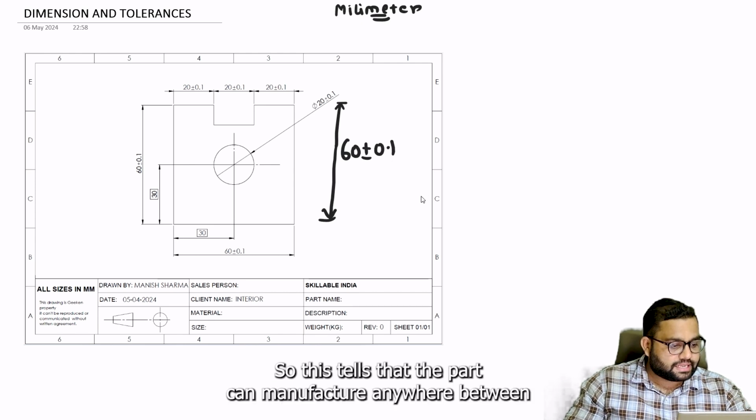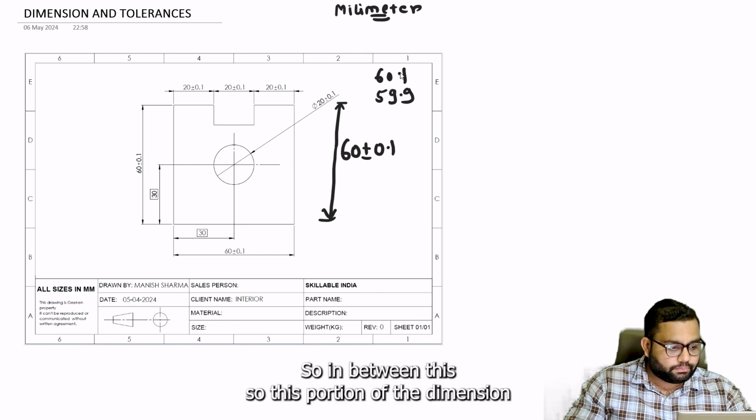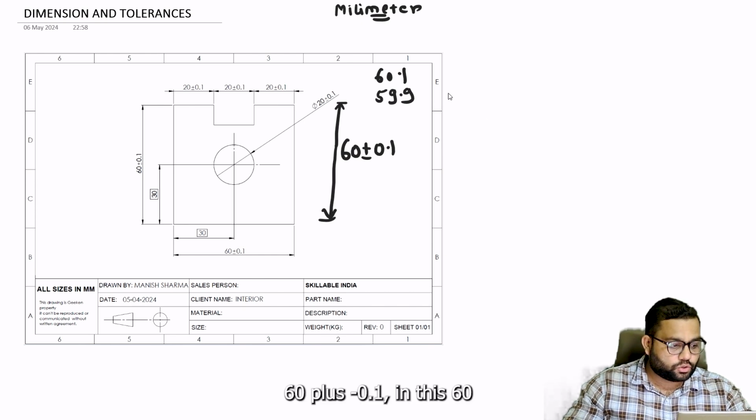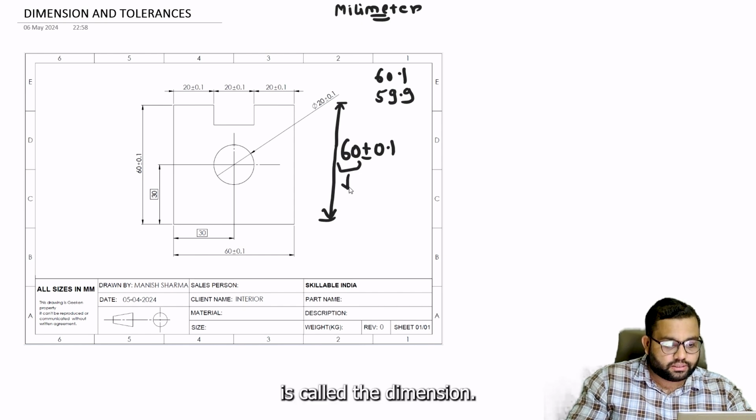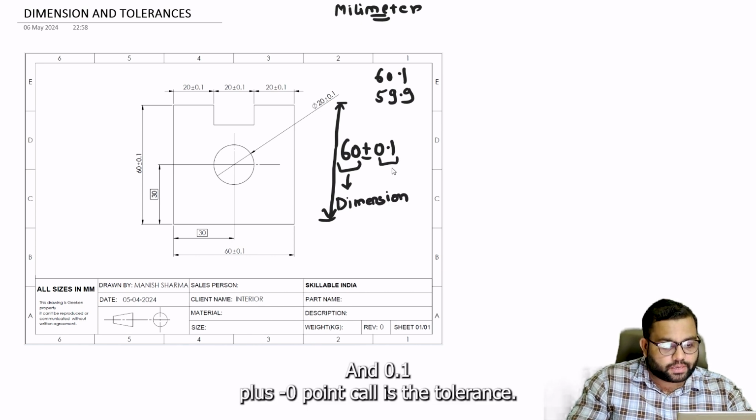This tells that the part can be manufactured anywhere between 60.1 and 59.9 mm. In this 60 plus minus 0.1, the 60 mm is called the dimension, and the plus minus 0.1 is the tolerance.